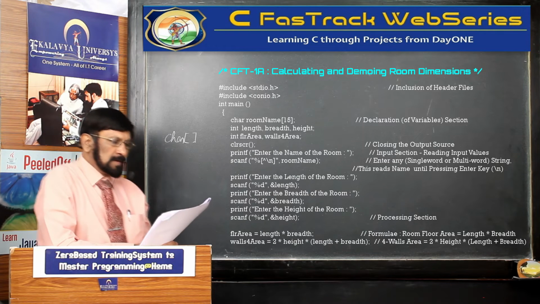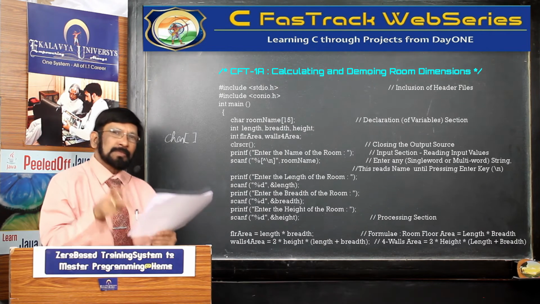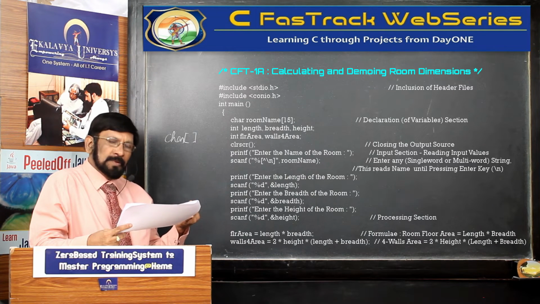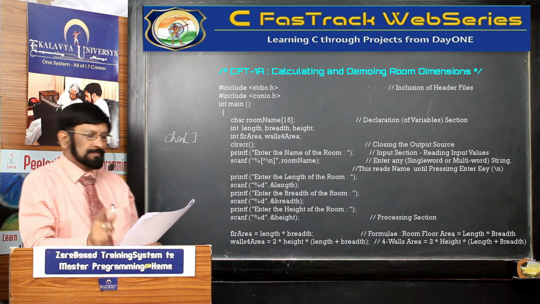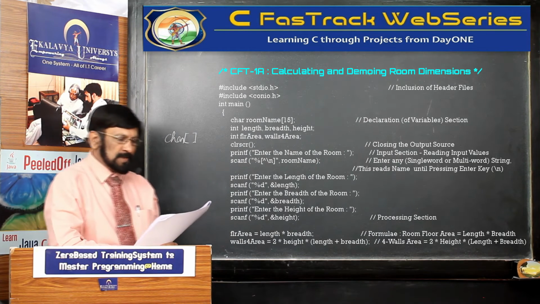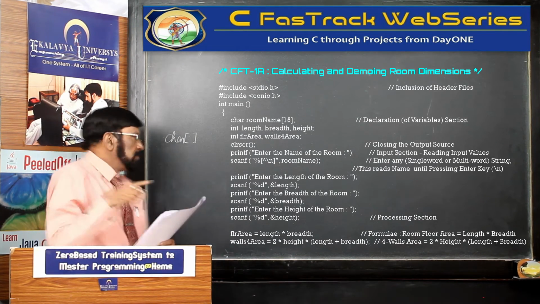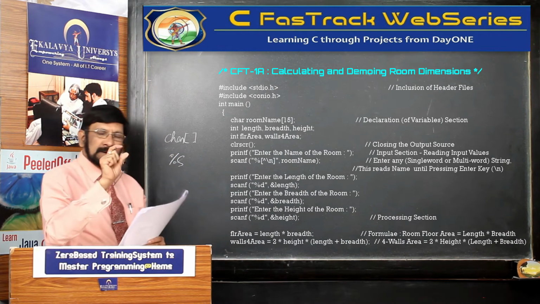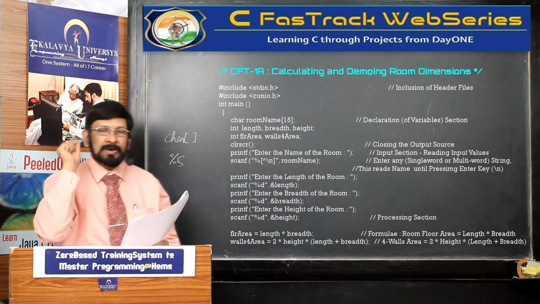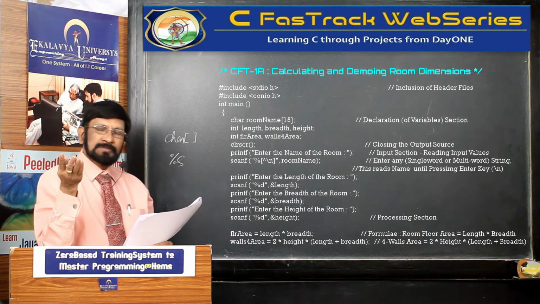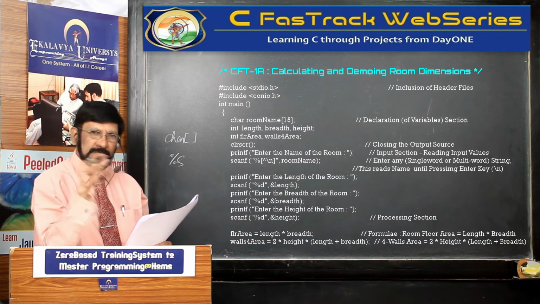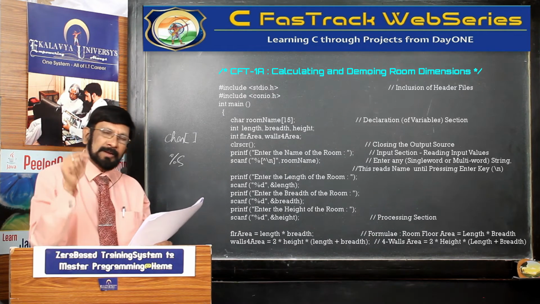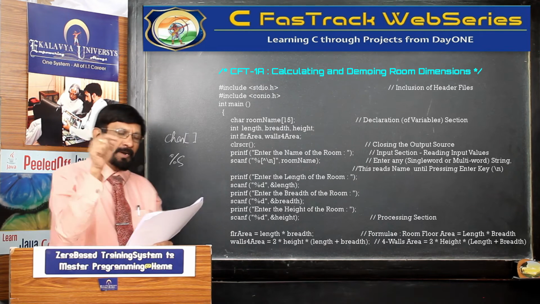Thereafter, which values do we have to give interactively? Room name you have to read from the keyboard, then room length, room breadth, and room height. In the previous program I explained to you, if you write percentage s, then you can read only a one-word name. Actually, room names will be multiple words like living room, study room, bedroom. That's why I am using a special code for entering multiple words.